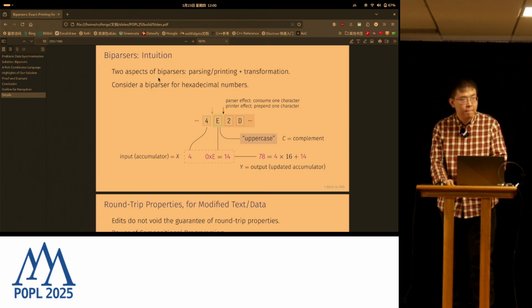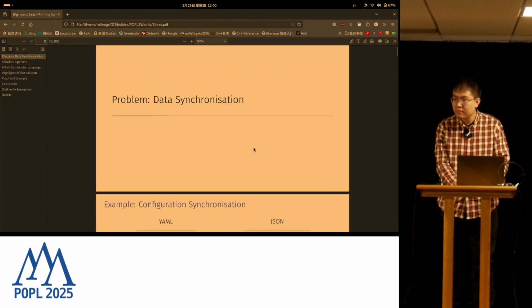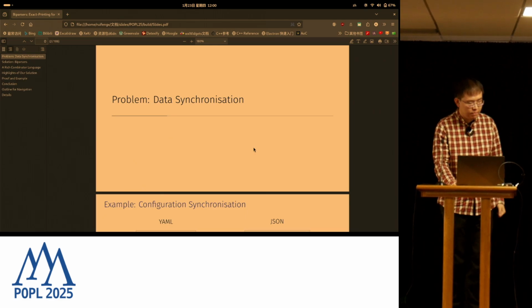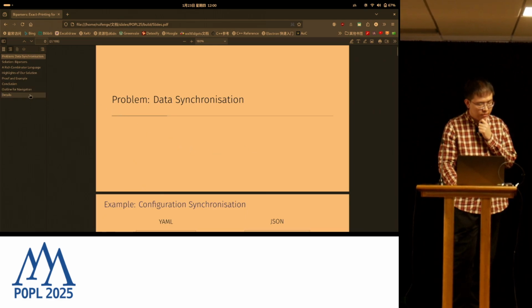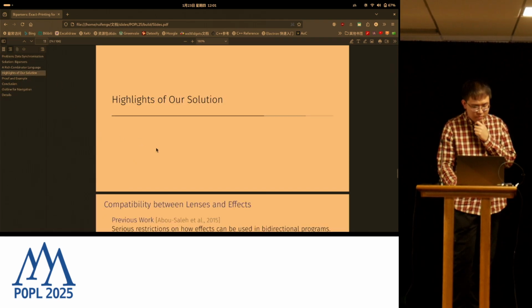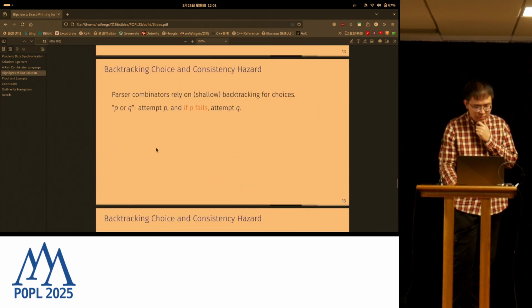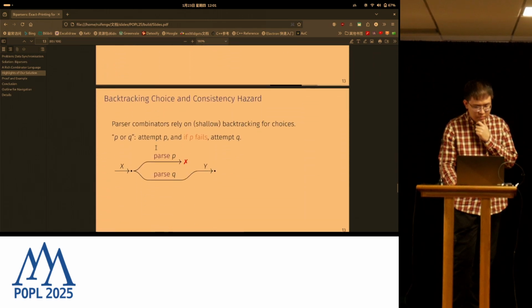Hello. Nice work. I have a question: when you apply a choice combinator and the first branch fails, the second case succeeds, and you print it back. You said it might be that the first branch succeeds.